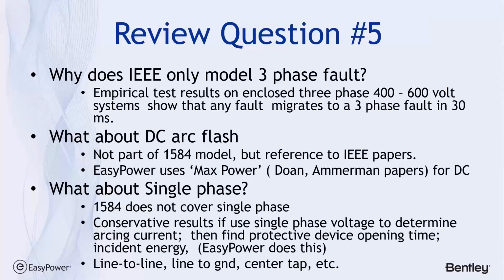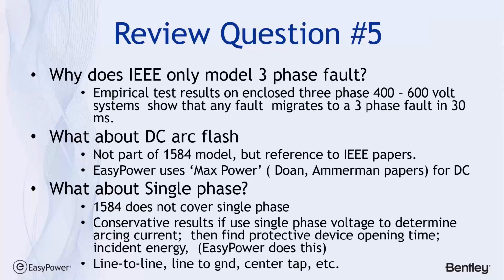So with the current goals in mind, the IEEE 1584 committee is trying to establish some single-phase arc recommendations. Same is true about DC. 1584 does not include a DC arc model yet. EasyPower uses the max power method, and this allows the calculations of DC.